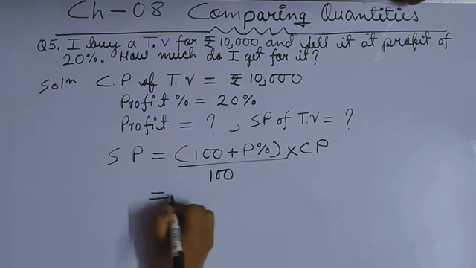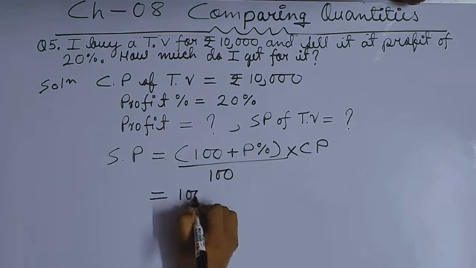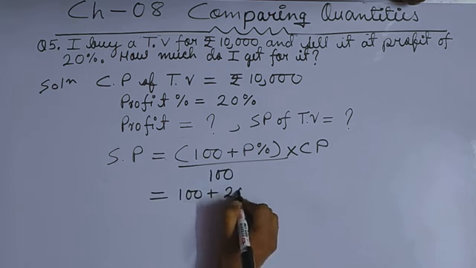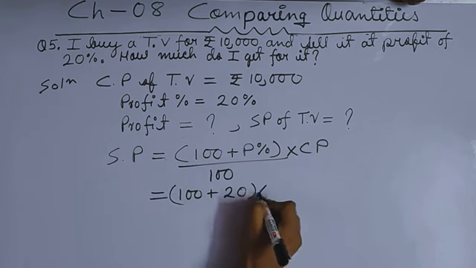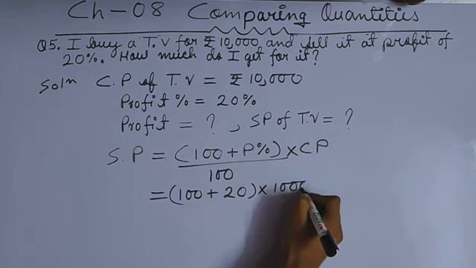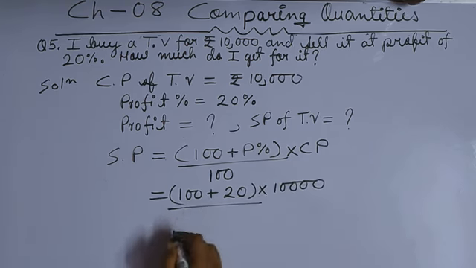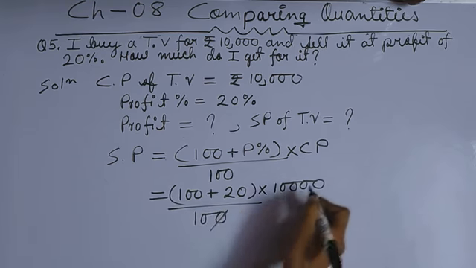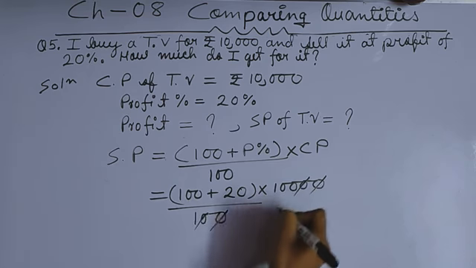So on putting the values, this will be 100 plus profit percent is how much? 20. So this is 100 plus 20, multiply your 10,000 upon my 100. So what we will do, we will cancel out, 0 से 0 cancel out हो गया, 0 से 0 cancel out हो गया.